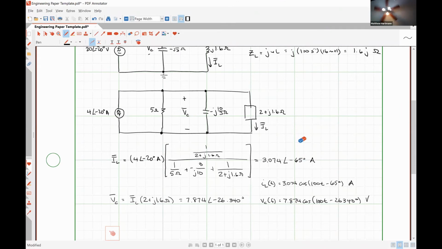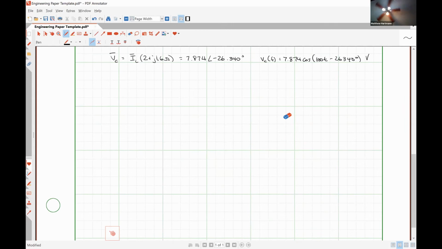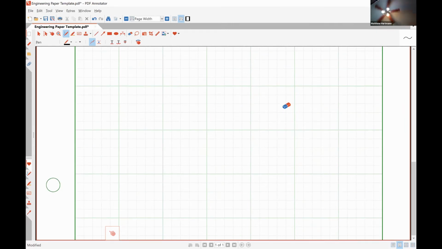Let's work one more example, and then I think we'll wrap it up for the day. So this problem just starts off in the frequency domain.